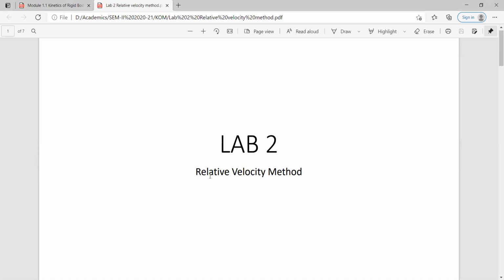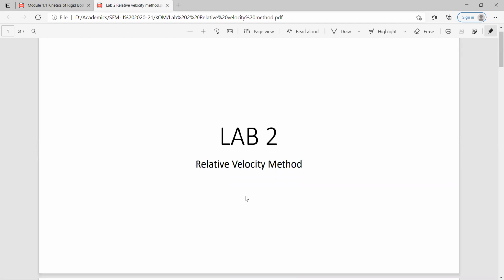We have seen the ICR method of velocity analysis. We have also solved two problems on that. Now let us see another method of velocity analysis, which is known as the relative velocity method.